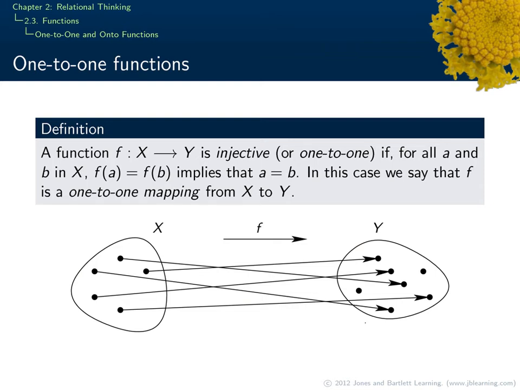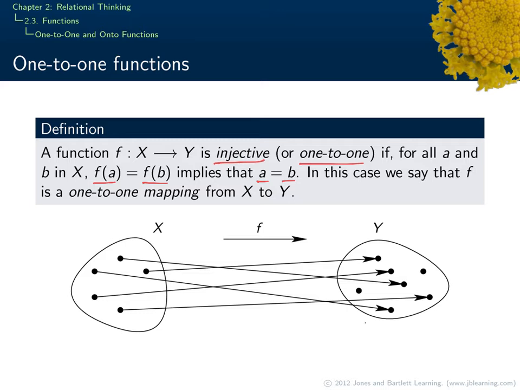Some functions have special properties that are of interest to us. One of those properties is injectivity. We say that a function is injective, or one-to-one, if whenever we have two outputs, f of a and f of b, that are equal, then that implies the original inputs must have been equal to begin with.